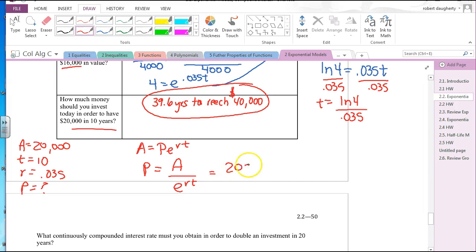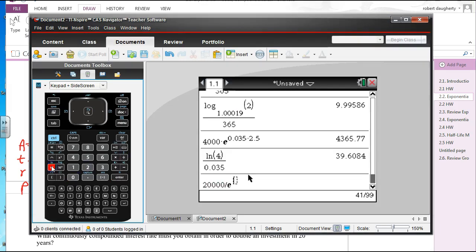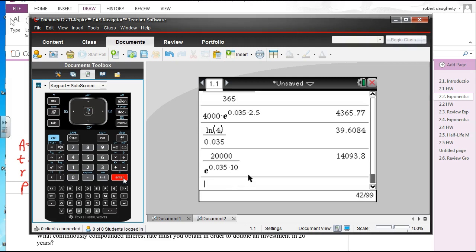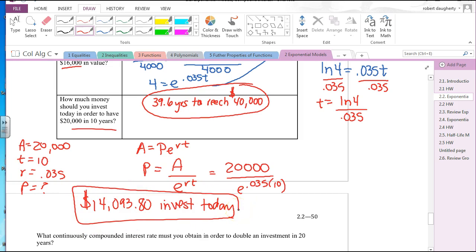So it's 20,000 divided by e to the 0.035 times 10, and go straight to the calculator. 14,093.80. So I need to invest $14,093.80. That's the amount of money I need to invest today in order to have what? $20,000 10 years from now.